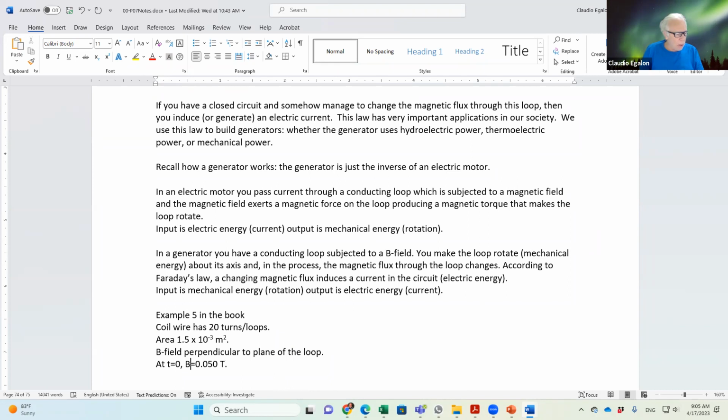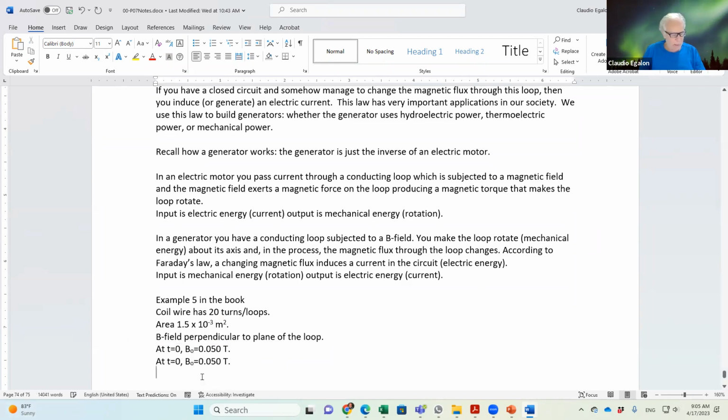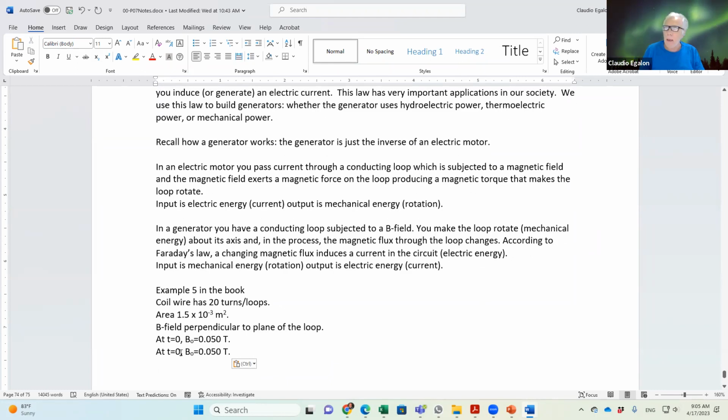And I'm going to put B naught to denote initial magnetic field. Okay. At T equal to 0.1 seconds, B is 0.060 Tesla.